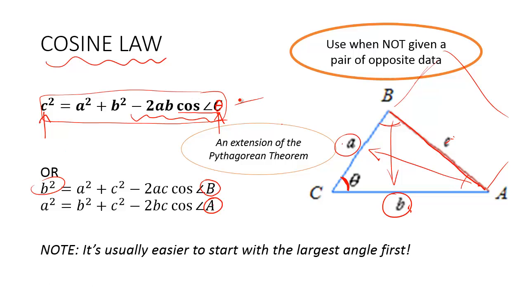You probably just need one, although the labels might be different. So just remember that whatever the angle is, the side opposite to it is what is being equalled. It's usually easiest to start with the largest angle first when using this. You'll find that when you do a bunch of problems.